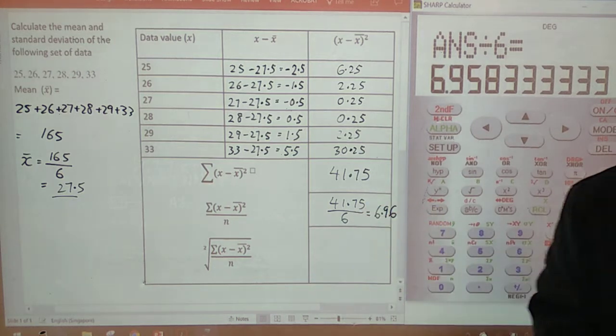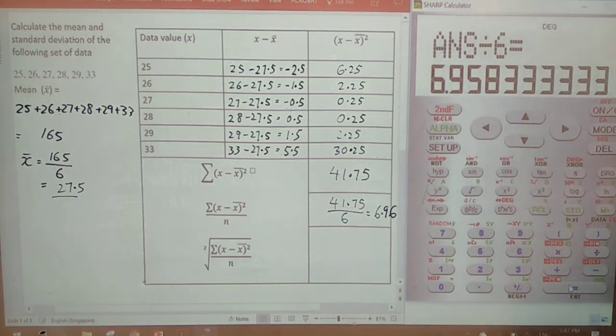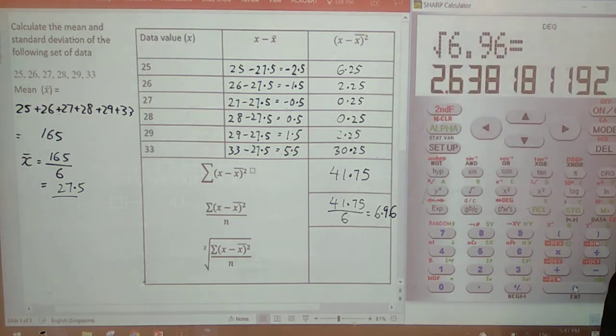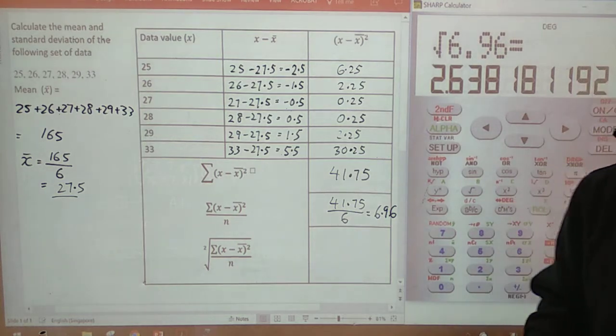And then we're going to square root this. So I'm going to square root 6.96. That gives us 2.64.